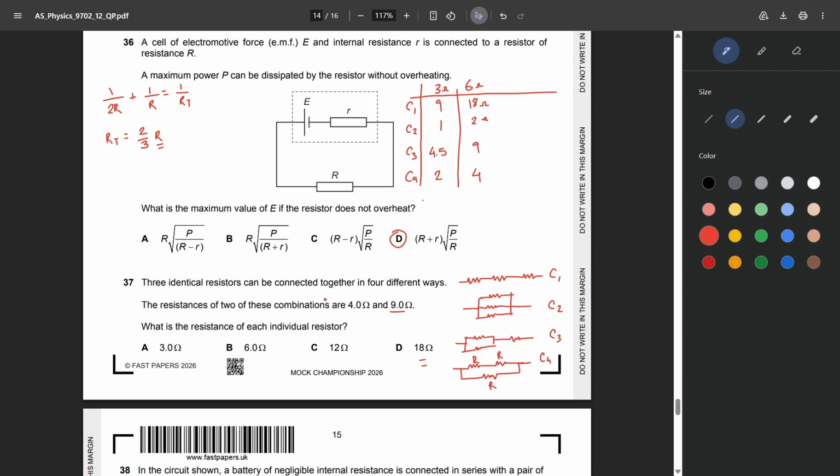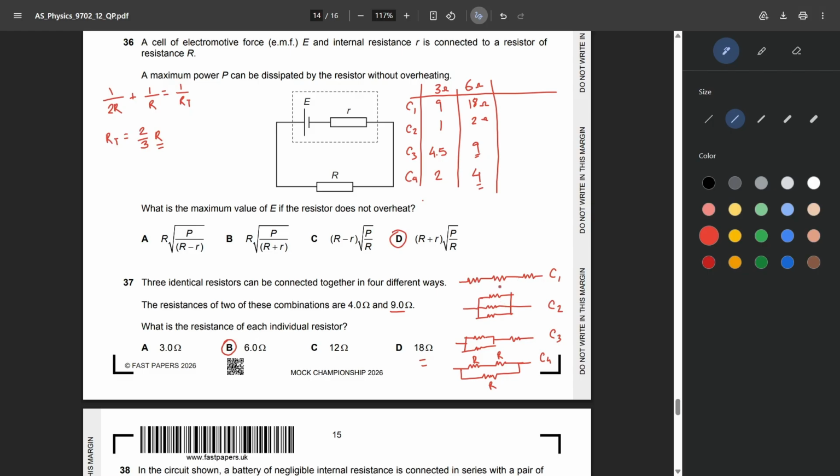For the 6 ohm resistor, we have a resistance of 9 ohm for combination 3, and a resistance of 4 ohm for combination 4, which means B is our correct answer. B is our correct answer because two of these 4 combinations result in an equivalent resistance of 4 ohm and 9 ohm. Okay, so just for clarity, let's do the same for 12 ohm.